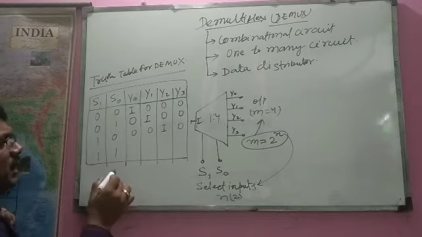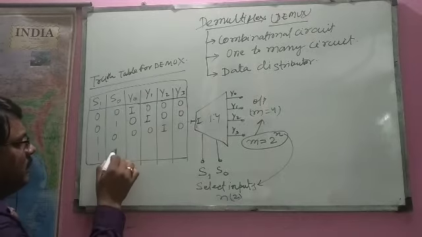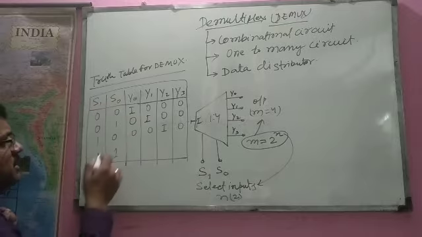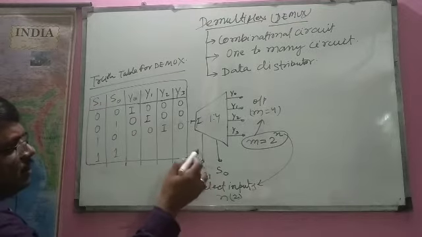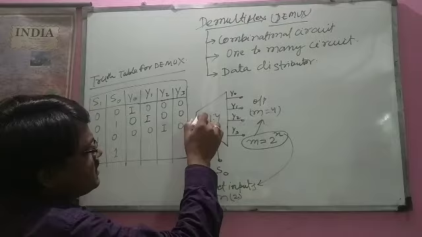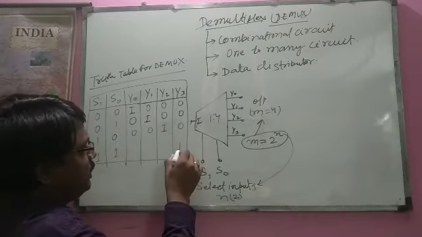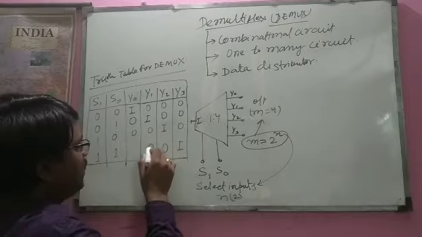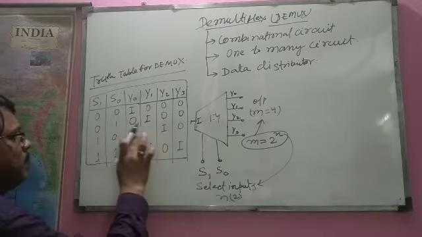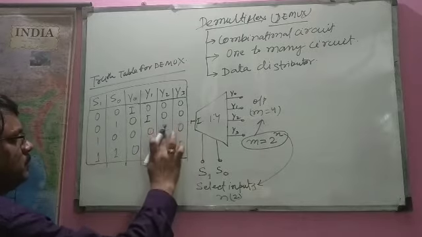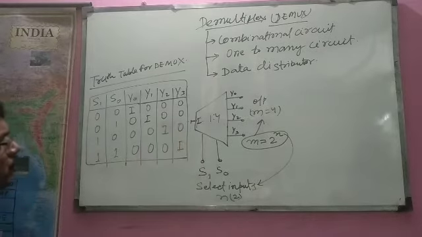And finally, when both are 1, I will be connected to Y3, so Y3 will be I and all others will be 0. So this is the truth table for the demultiplexer.